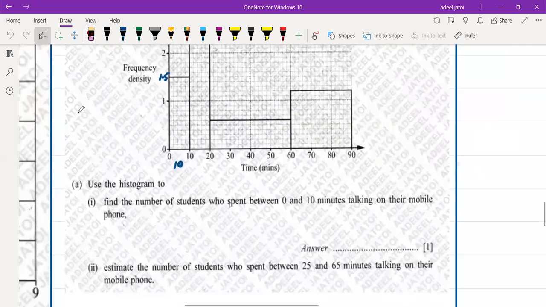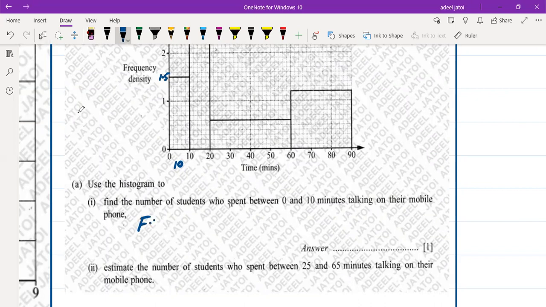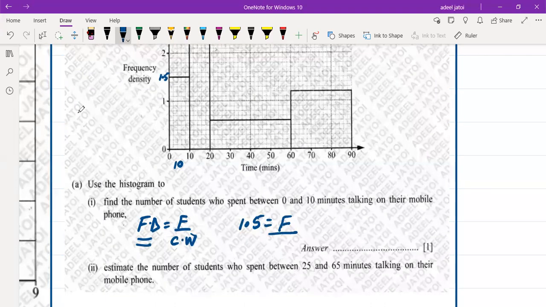So to find the number of students who spent between 0 and 10 minutes talking on their phone, frequency density is equal to frequency upon class width. Your frequency density is 1.5. You do not know the frequency, because frequency refers to the number of students, but the class width is 10.